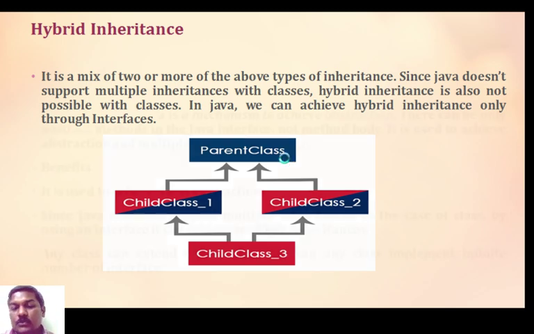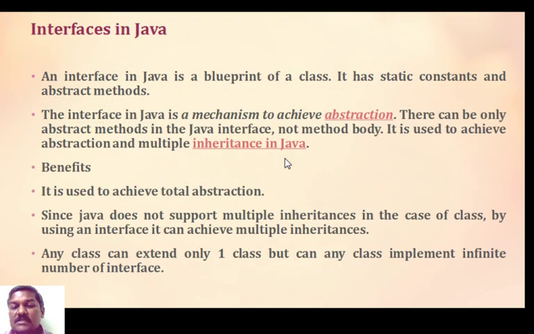The next concept is called interface. What is an interface? Multiple inheritance can be achieved in Java by applying the concept of interface. An interface is a blueprint of a class. It has static constants and abstract methods.